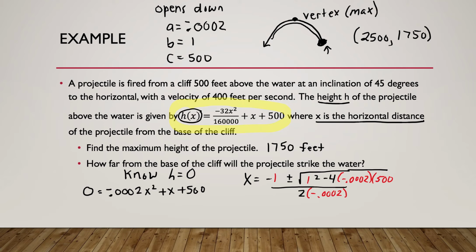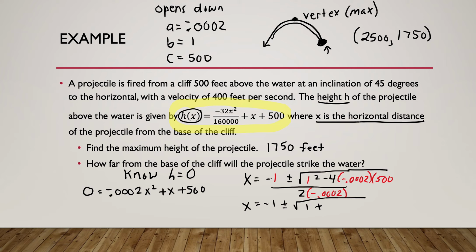All right, underneath my square root, 1 squared is going to be 1. That part's easy. I have 2 negatives, so I know that my answer is going to be positive on the fraction for the decimal part. All right, so on my calculator, I'm going to do 4 times 0.0002 times 500.